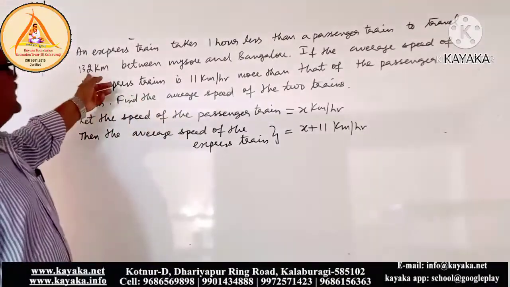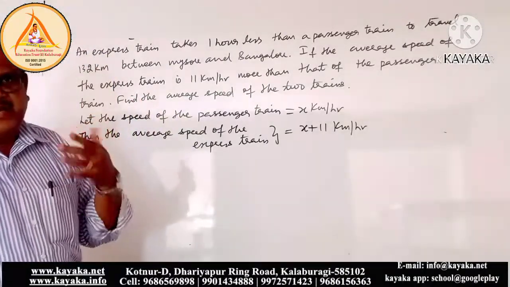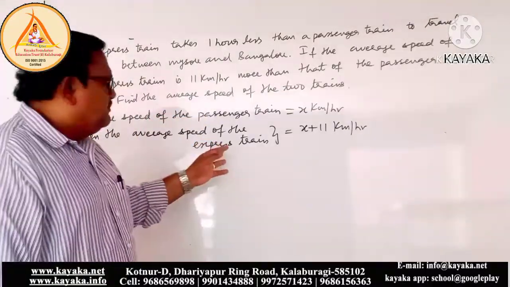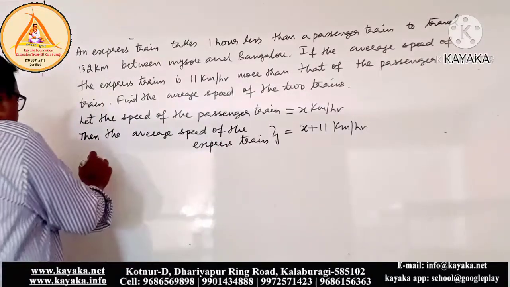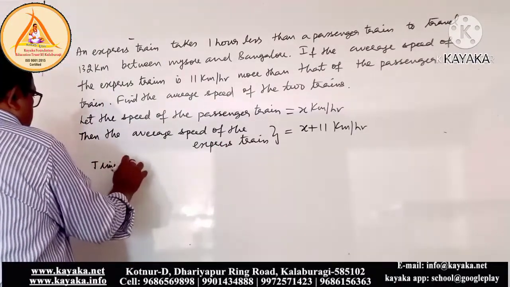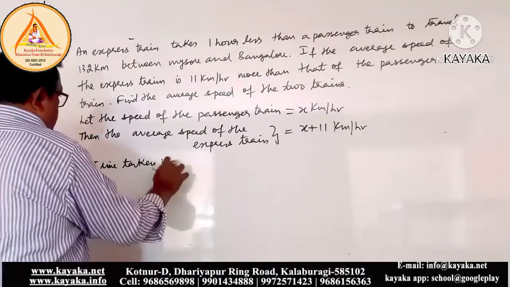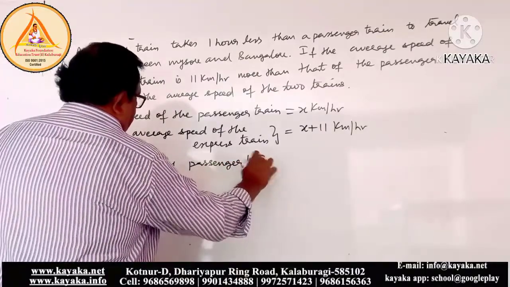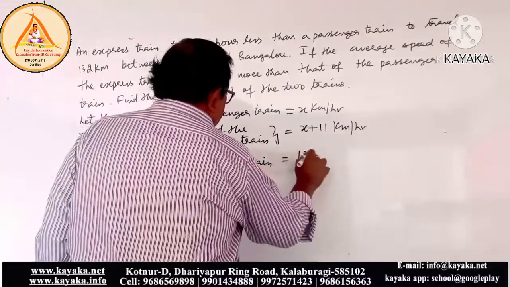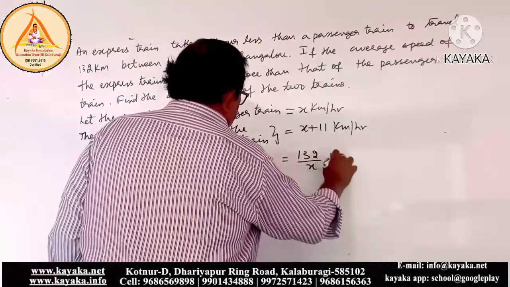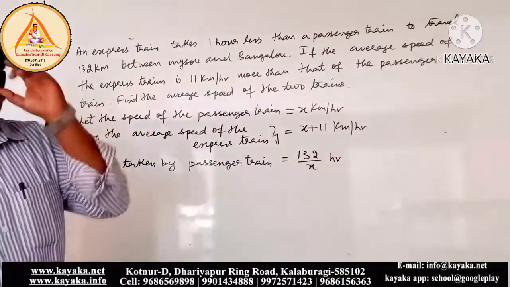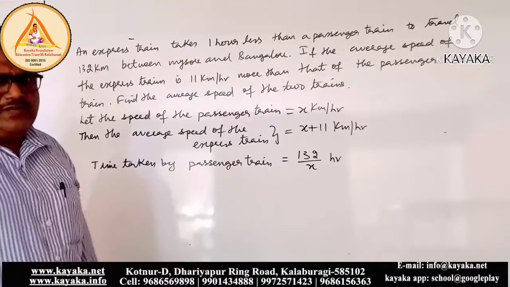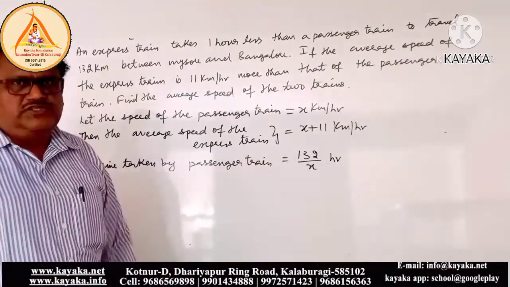Okay, now you have to find the time taken. You know the distance, 132 km. Therefore, you must find the time taken now. Time taken by the passenger train you have to find, and again the time taken by the express train. Next step. Time taken by the passenger train is 132 divided by x hours, because it is distance by speed.